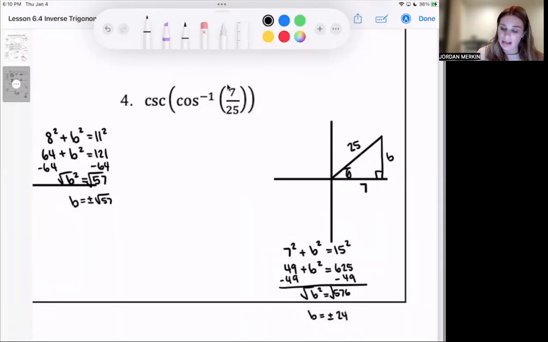So we actually get a pretty nice triangle. All right, so cosecant is the reciprocal of sine. Sine is normally opposite over hypotenuse. Lucky for us, we're in quadrant 1, so we know it is positive. So instead, it's going to be hypotenuse over opposite. So 25 over 24 is your final answer.